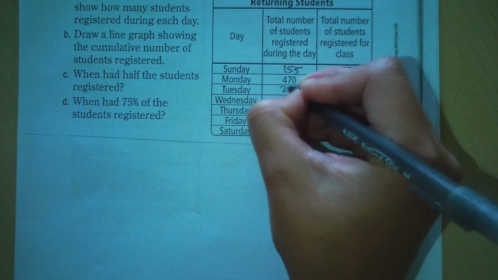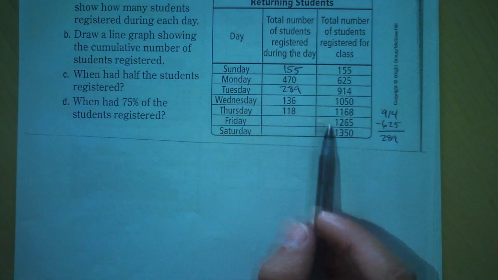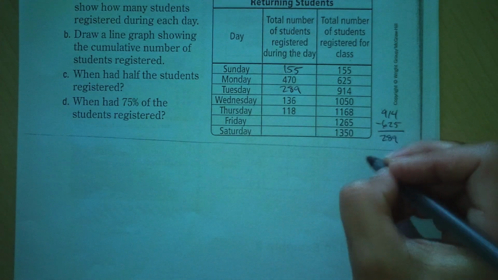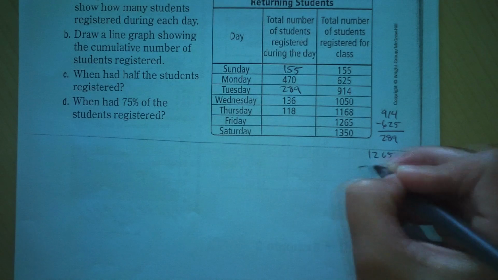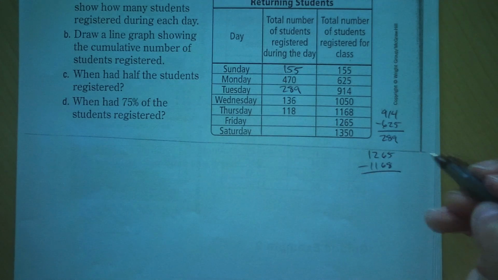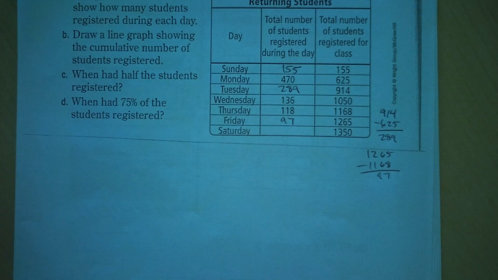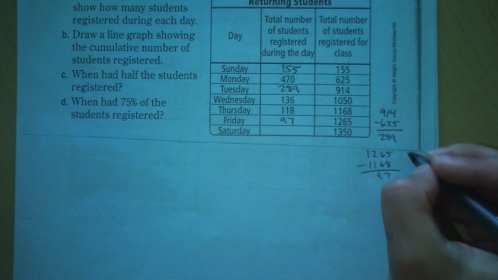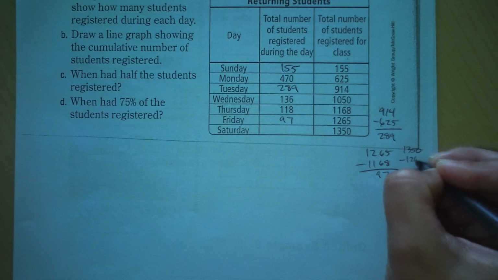I'm going to give myself 2 spaces. I kind of started that one over a bit, but that's fine. And those would be our days, that would be your label.